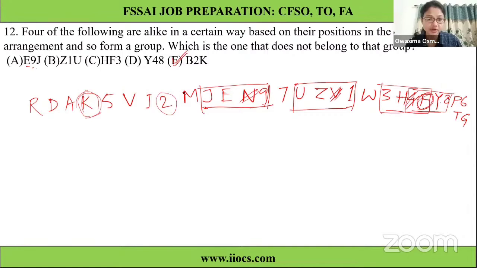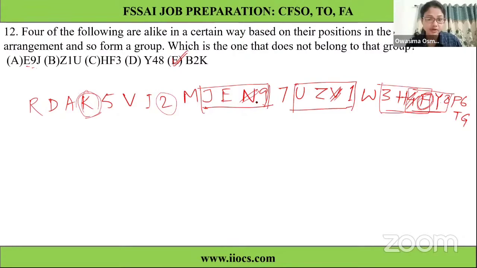Is it clear? Is there any term with B? B is not present. So option E doesn't follow any series.